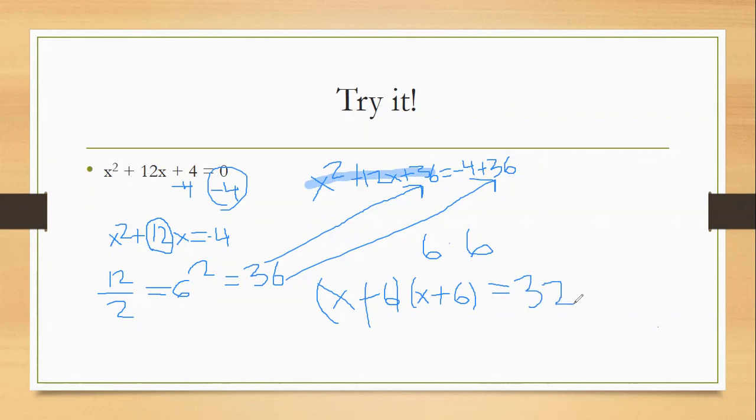Now for now, I want you to stop at this point. You don't have to continue any further. But again, you can continue further because you could solve these. Now, when you see that it's x plus 6 and x plus 6, what that actually is telling you is it's x plus 6 squared equals 32.